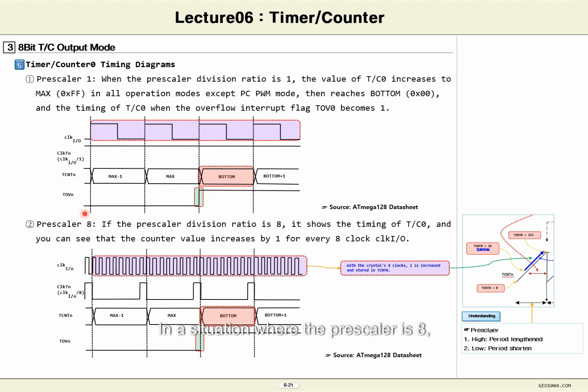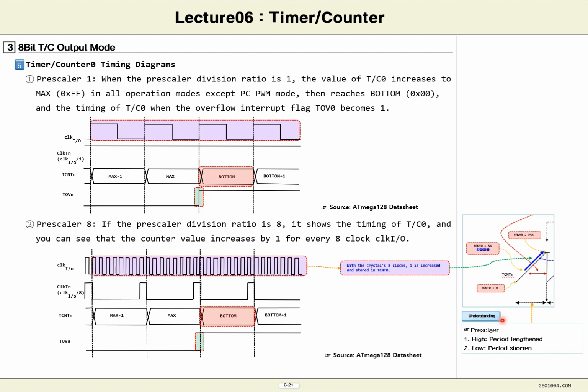In a situation where the prescaler is 8, as you can see here, only when 8 system clocks come in does the TCNT0 value increase by 1 and reach the max. It will change to bottom. So, the moment it changes to bottom, a timer overflow interrupt occurs.